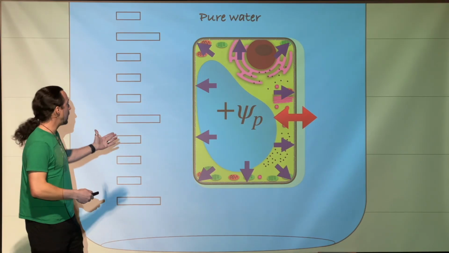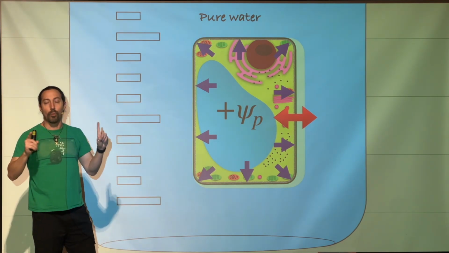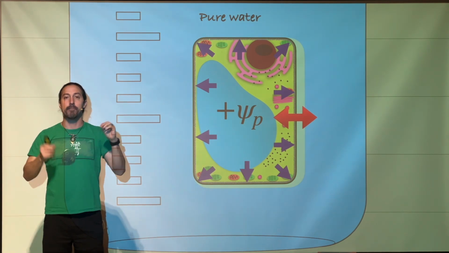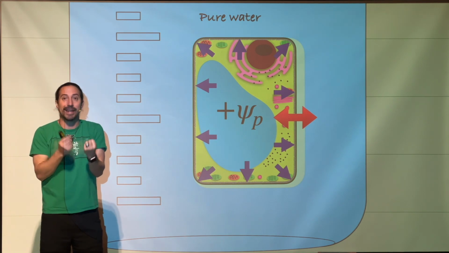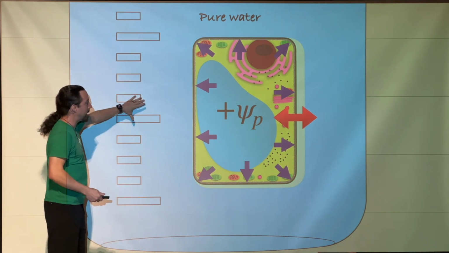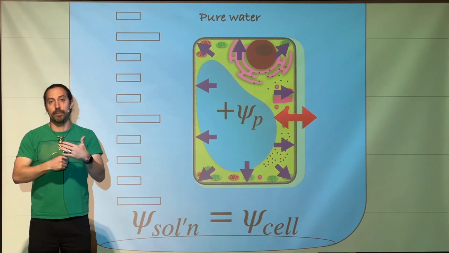You're never going to end up with pure water on the inside of our plant cell, but water will equally move into and out of the plant cell because its water potential is equal to the water potential of this outer area. At this point, the water potential of our solution and the water potential of our cell are equal. They are in pure equilibrium.